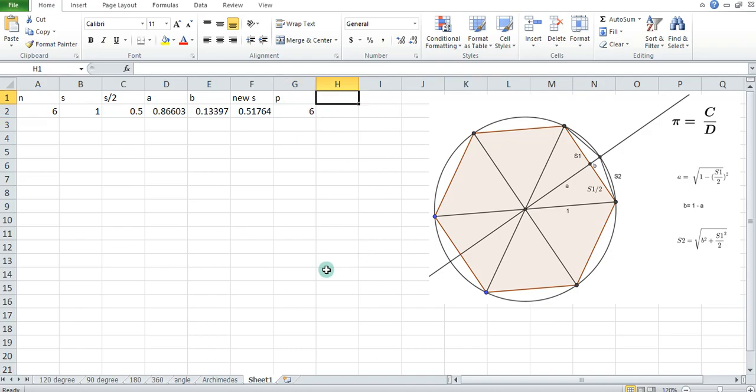Then we can find the ratio P upon D, diameter.